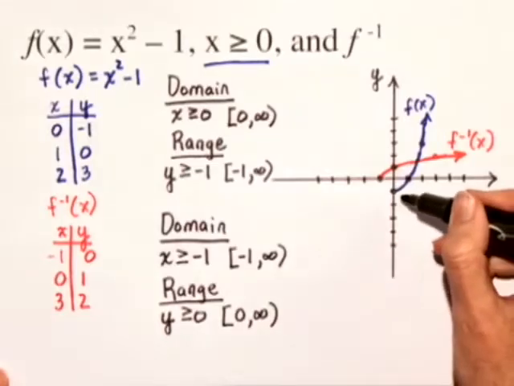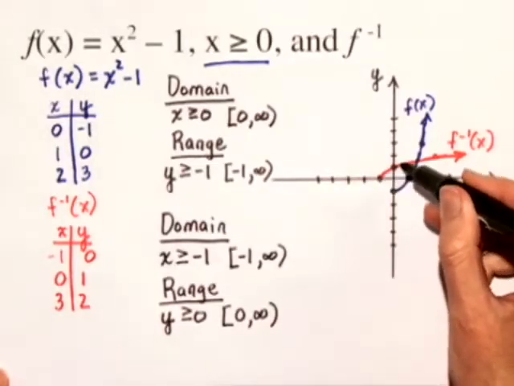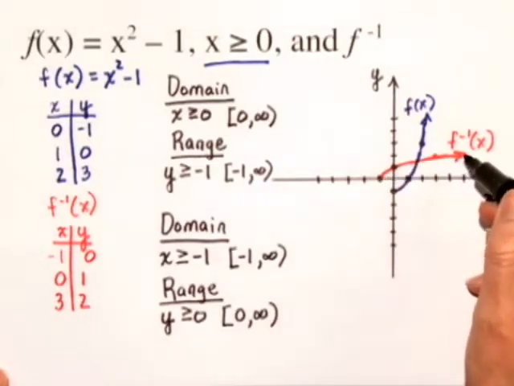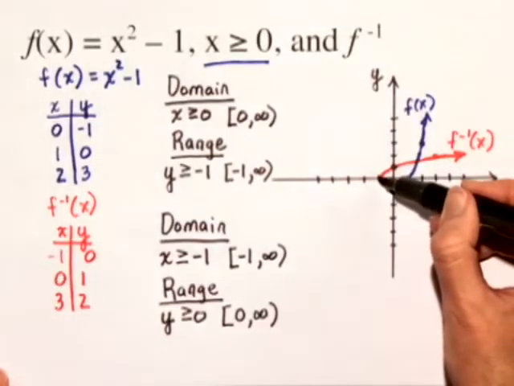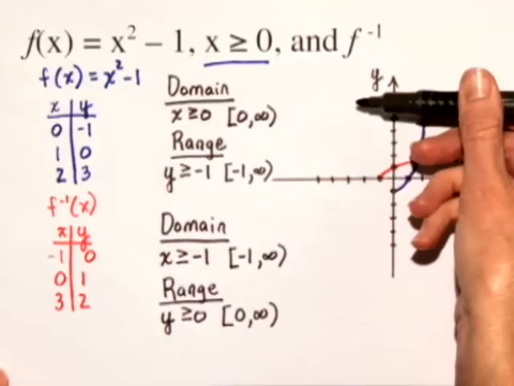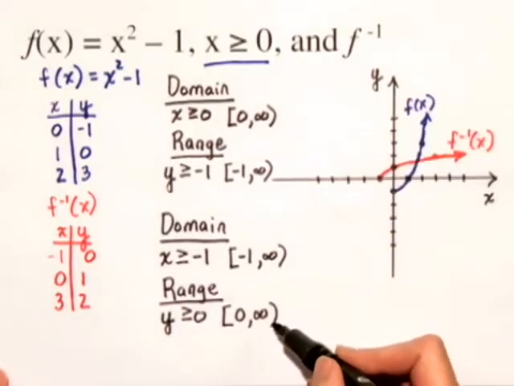Let's look one more time at our graph. Notice that this graph in red is what I'm talking about. The lowest y value I see has a value of 0, and then the y values are greater than that. So from 0 to infinity is the range of that inverse function.